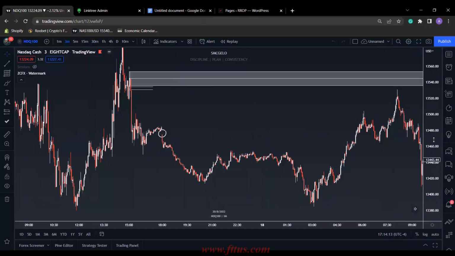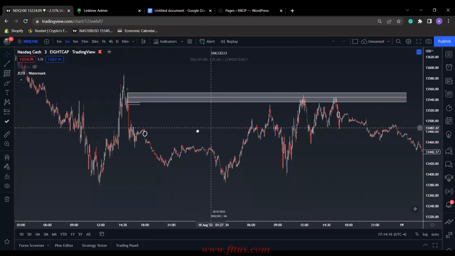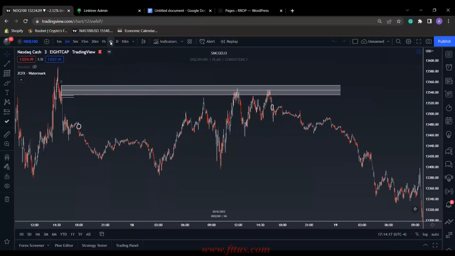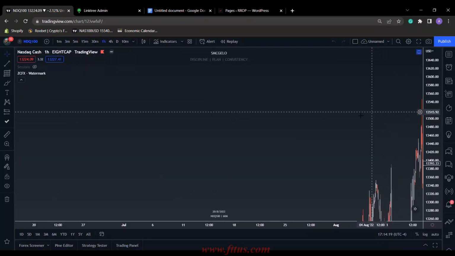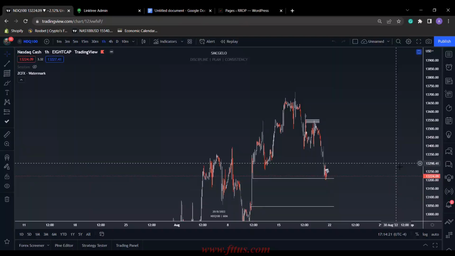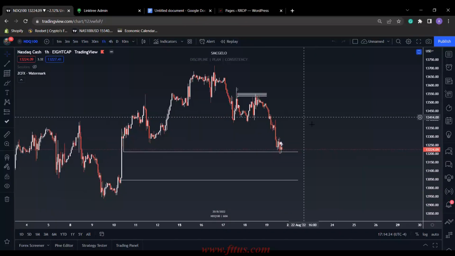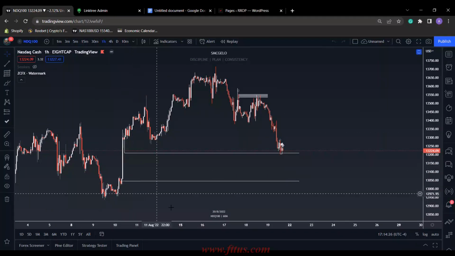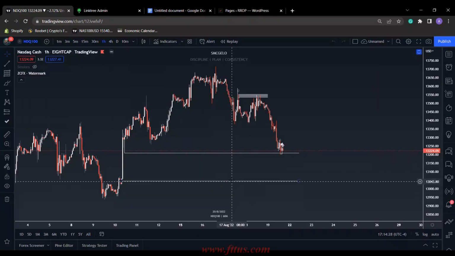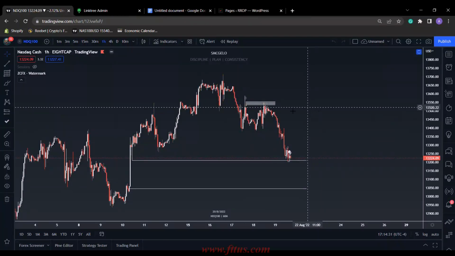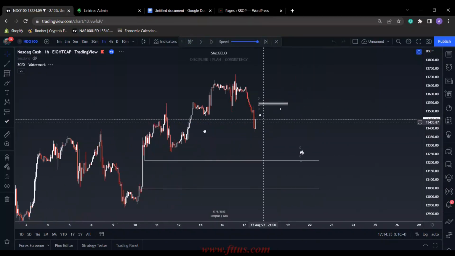But the main point of this section is how I look at a little bit higher time frame, not too crazy, just the hourly, how I look for imbalance and for an overall sense of direction. So say we are right here.